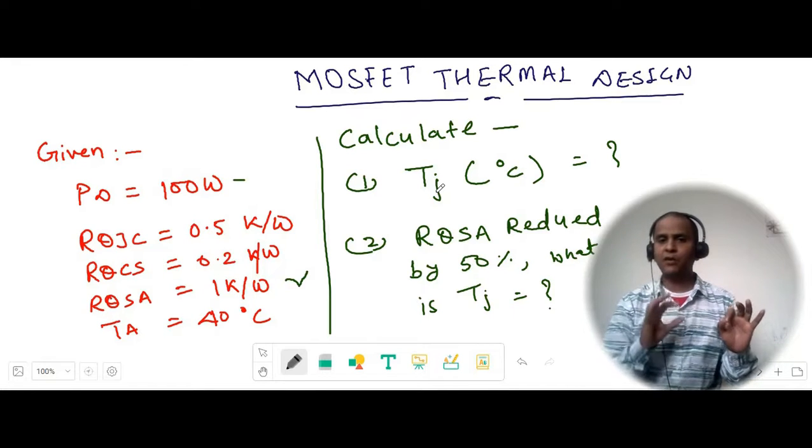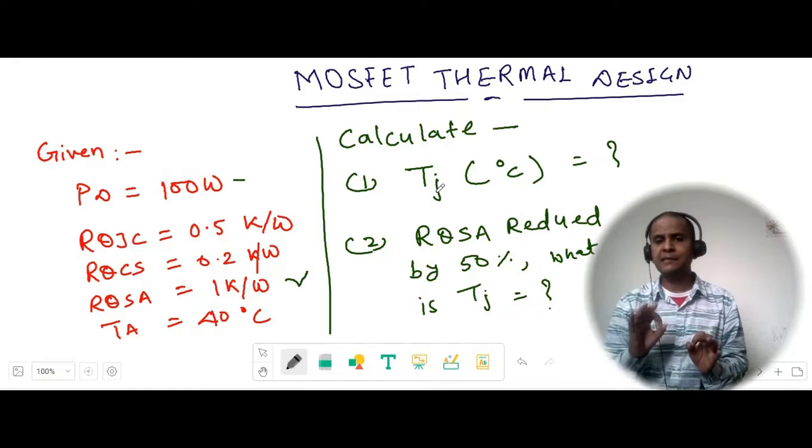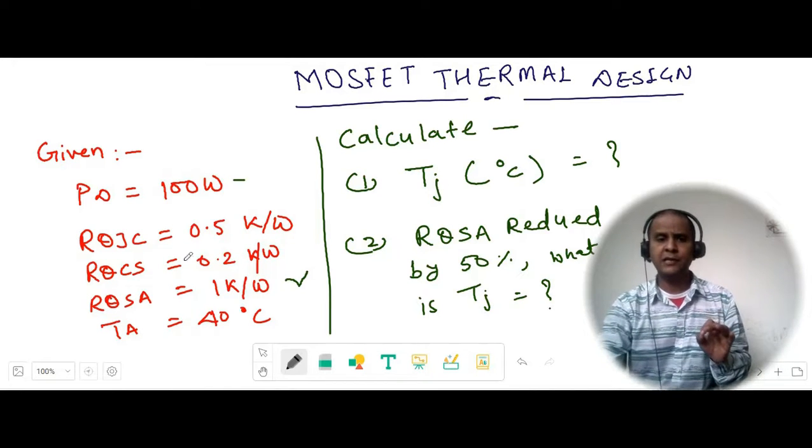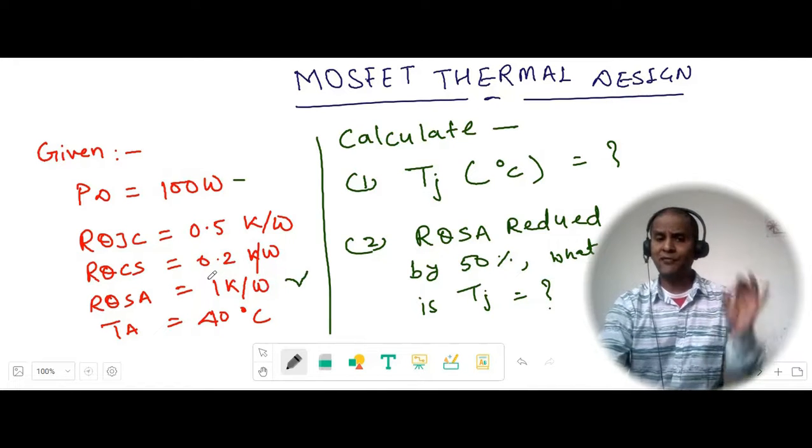So we want to calculate the junction temperature of the MOSFET, that is TJ, in degrees Celsius, for this given parameter. And let us say if your R theta SA, the sink to ambient thermal resistance, is reduced by 50%, what is my new TJ? Your thermal resistance is 1 K per watt, and now I want to reduce this thermal resistance to 0.5 K per watt.